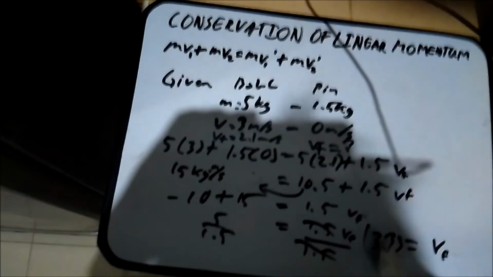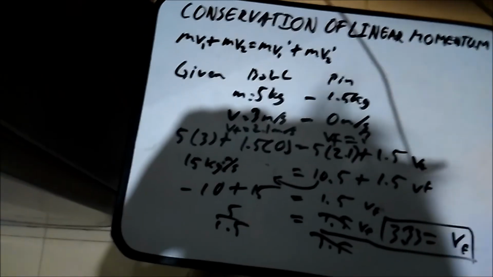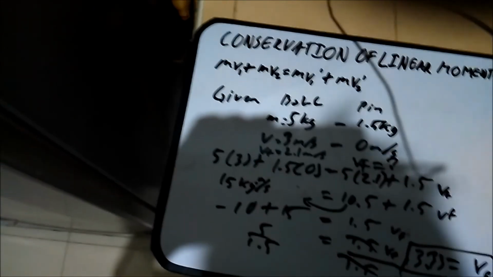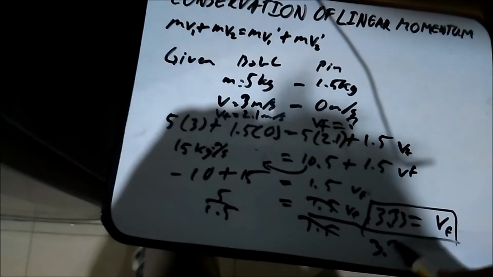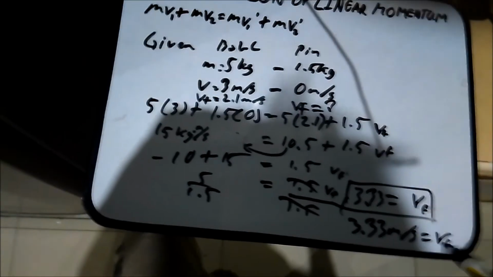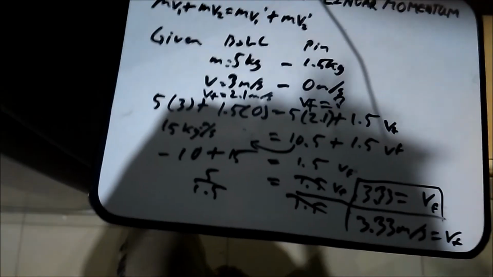There you have the final velocity of the bowling pin. Its unit is 3.33 meters per second equals velocity final. That is how you should write it. This is the final answer.